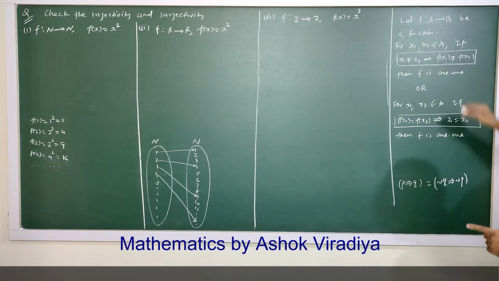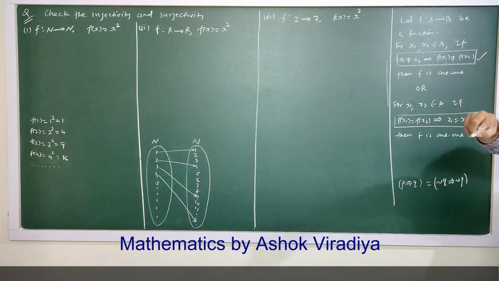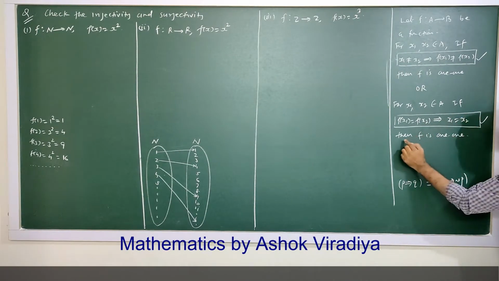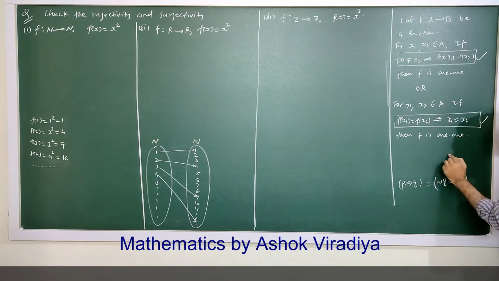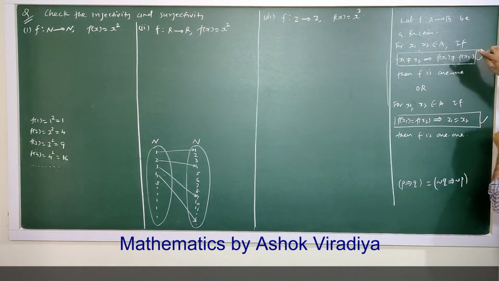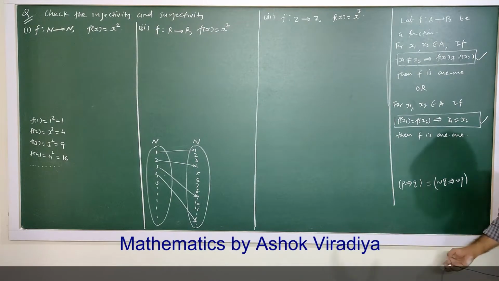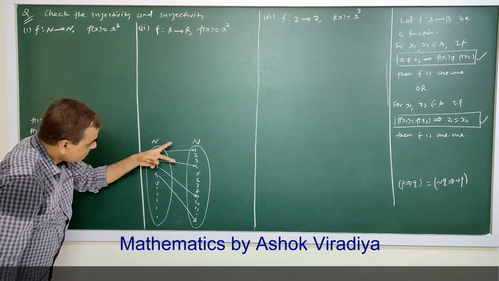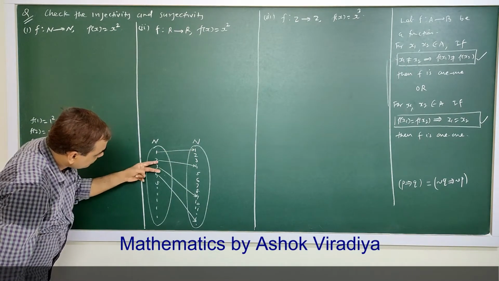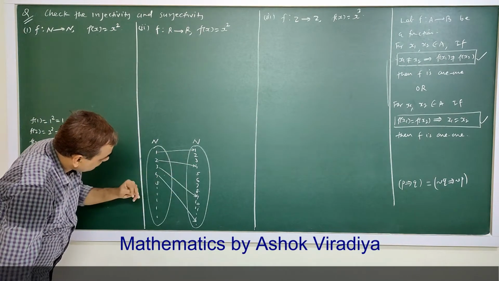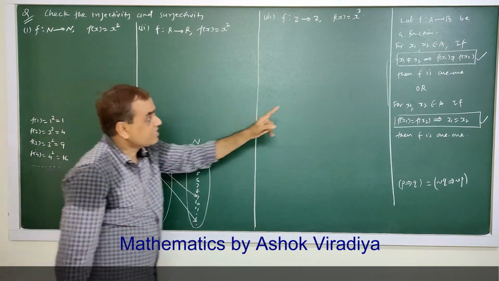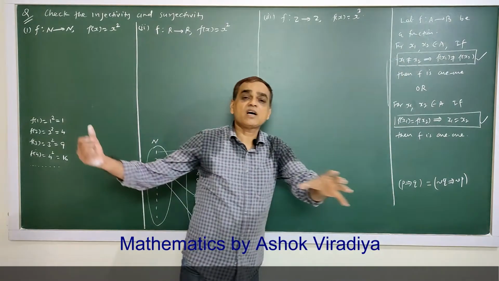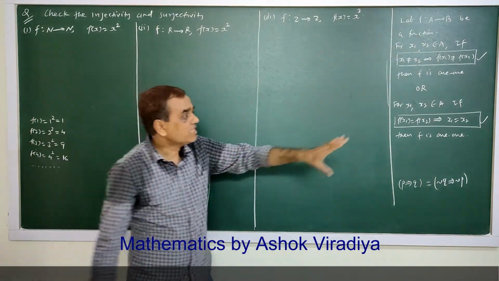So instead of showing the first condition, if we can prove this condition for any function, then it is one-one. The meaning of these two is the same. Here we can see this is satisfied, but we are putting it in words using this definition.